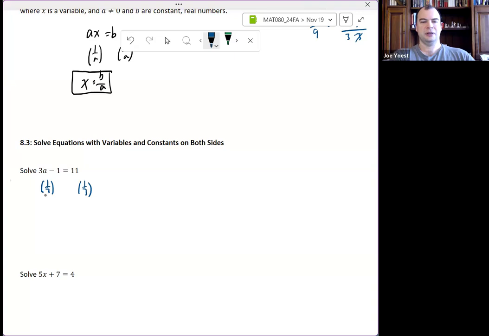If I multiply by 1/3 on the left, I have to do some kind of distributive property, and I have a bunch of fractions floating around. I want to deal with fractions as little as I reasonably can. They're just more difficult to deal with in general than whole numbers or integers. So I don't want to start with the multiplying by the multiplicative inverse step.